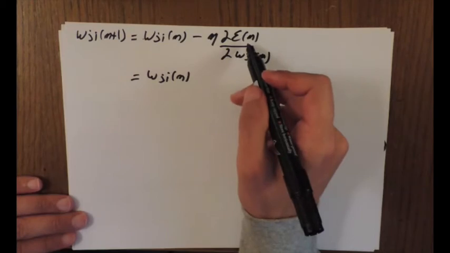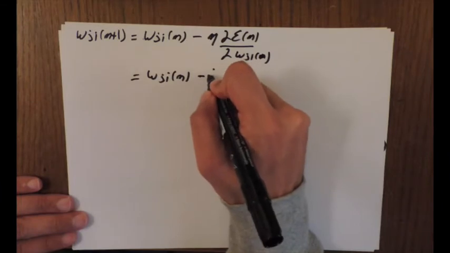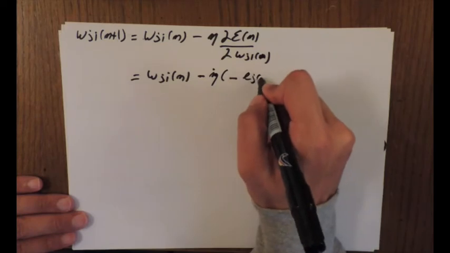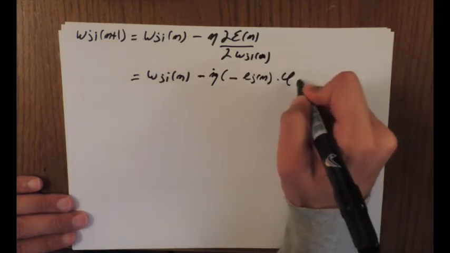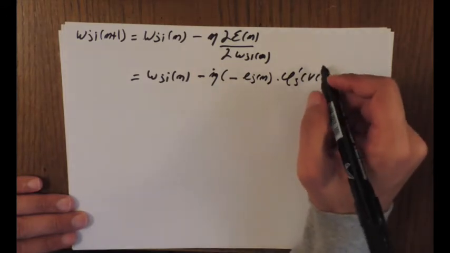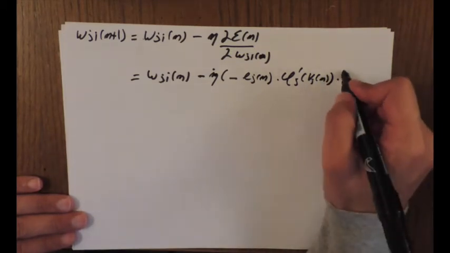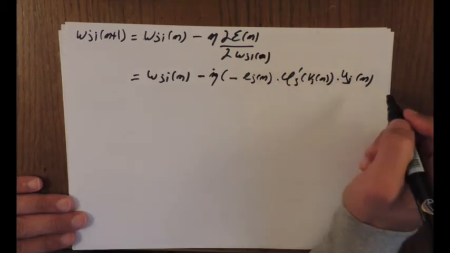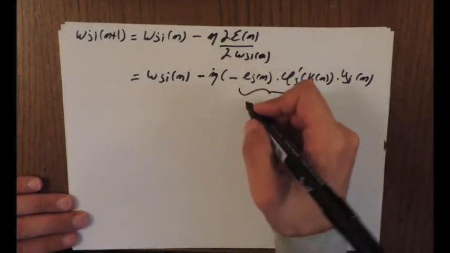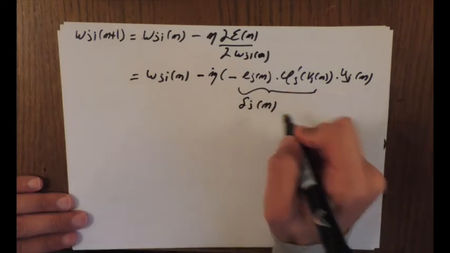We know that this derivative will be equal to minus ej(n) times phi prime j of vj(n), times yi(n). For simplicity, let's call this the local gradient delta j(n).